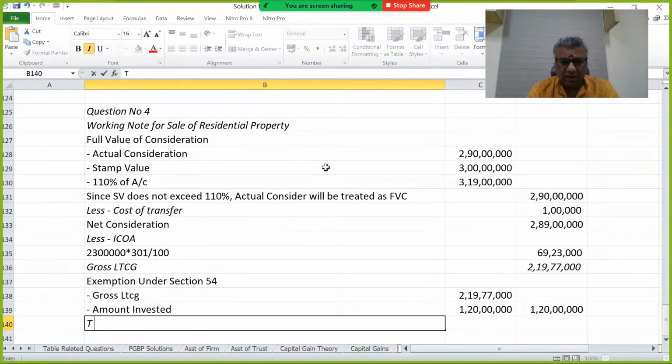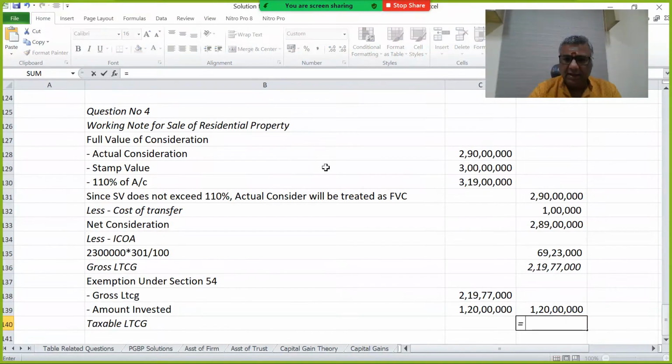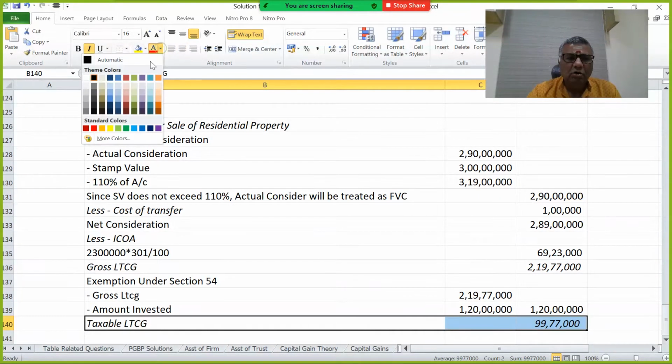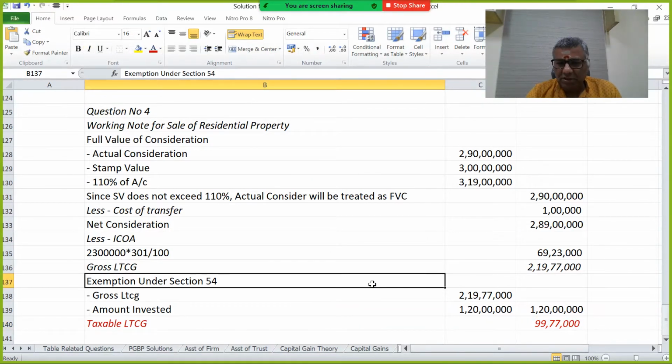Taxable LTCG is approximately 99 lakh 77,000 from the residential house property as sold.